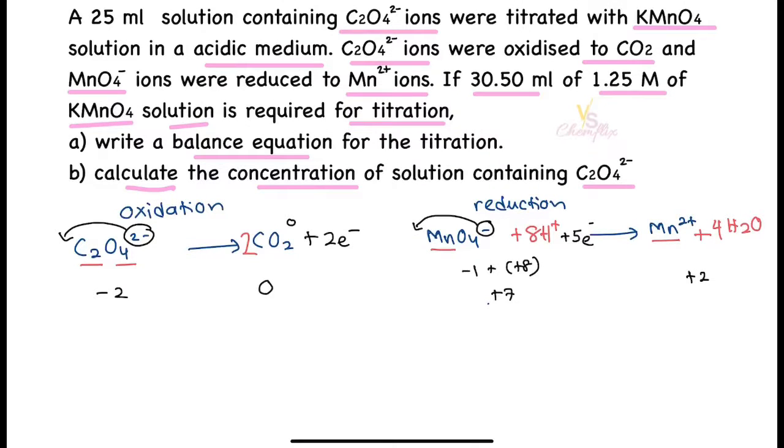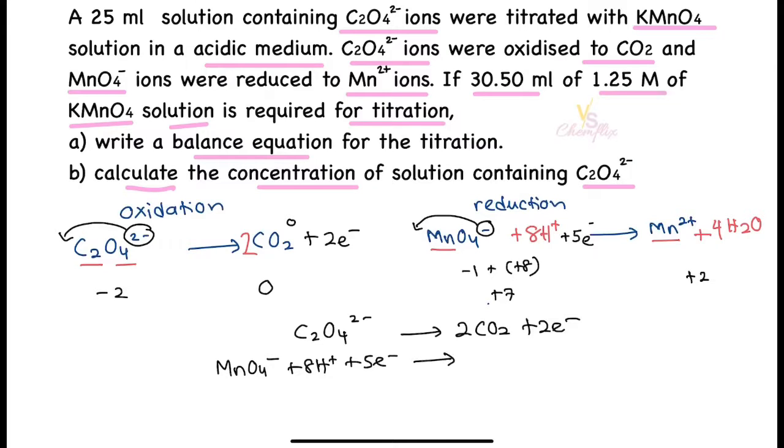In order to produce a balanced redox equation, we are required to combine the oxidation and reduction equations. So let's do that. It would be C2O4 2- producing 2 carbon dioxide with 2 electrons. And as for the reduction equation, it would be MnO4- plus 8H+ plus 5 electrons to produce Mn2+ and 4 water.